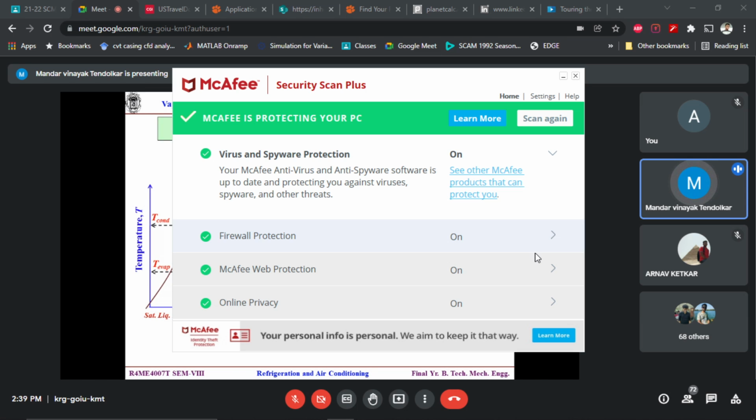So there are two irreversibilities. One, over here, non-isothermal heat rejection. Correct? So irreversibility due to non-isothermal heat rejection, that means entire process 2 to 3 now getting split as 2 to 2 dash, which is the sensible part, and 2 dash to 3 is the latent one. Correct? And the second part is the irreversibility due to the isenthalpic throttling.